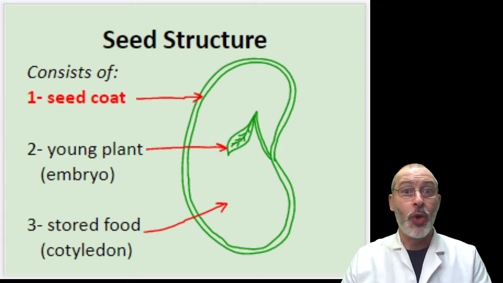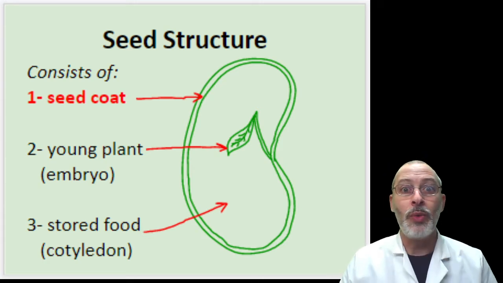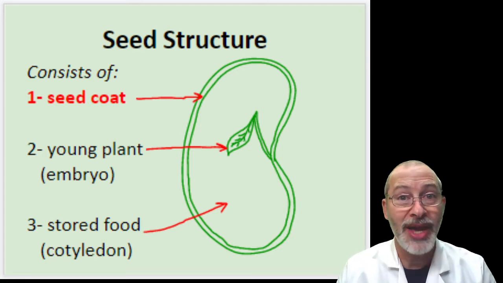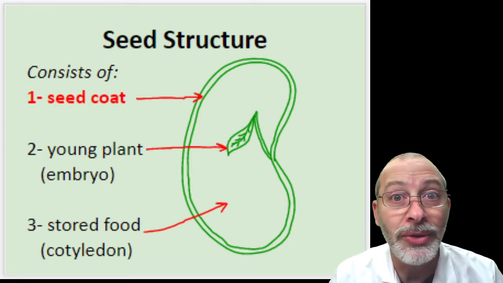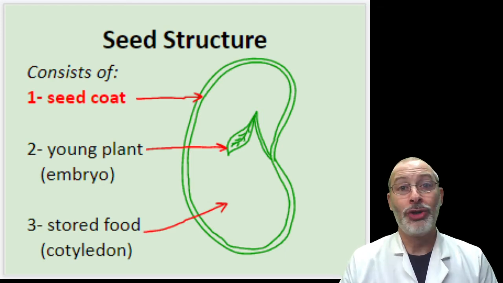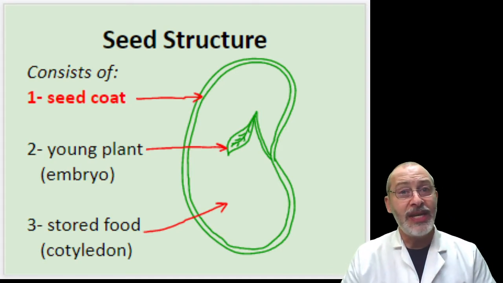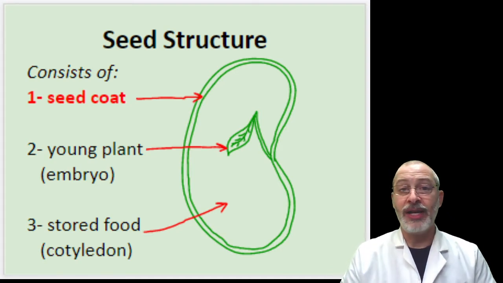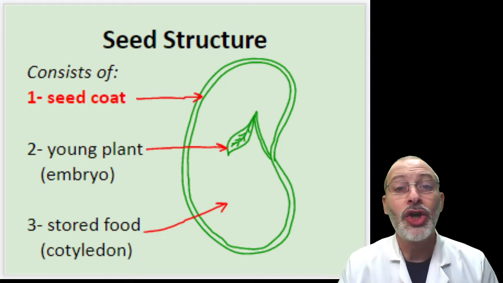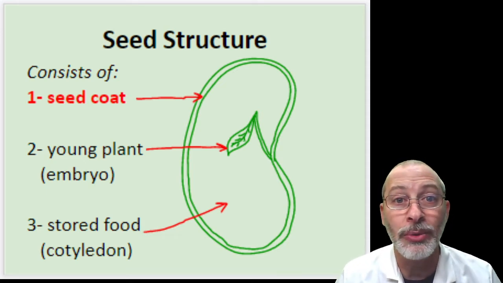If it's really cold outside, which this time of year it certainly is, you wear a winter coat to protect you from the cold. If it's raining outside, you might wear a raincoat to protect you from the water. Well, seeds are designed to have a seed coat to protect them from the environmental elements outside.